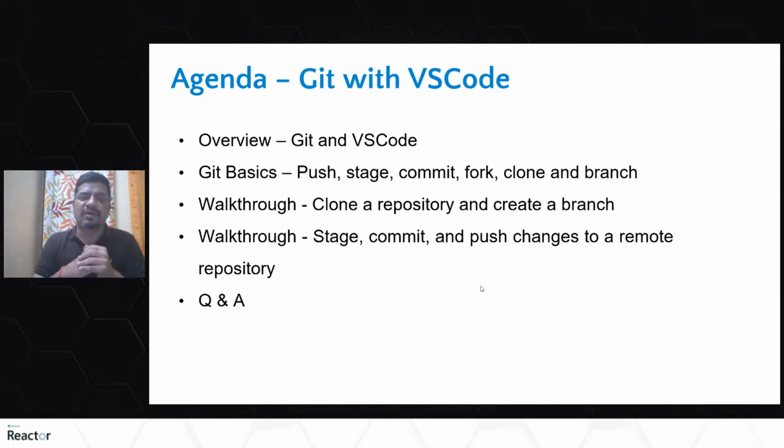Then I'll be showing you Visual Studio Code, how Git can be used from Visual Studio Code. Before I jump into a walkthrough of a small exercise where we'll be cloning a repository, creating a branch, to understand how a developer can use Git from within Visual Studio Code to clone, to create a branch, and then we'll continue with making some changes in the file. We'll stage it, commit it, and push it, right?